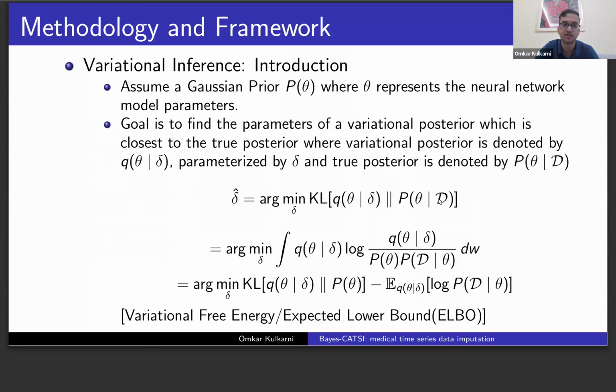Coming to the variational inference part of our work, basically variational inference assumes a prior, and in our case we assume a Gaussian prior, where theta represents the neural network model parameters.